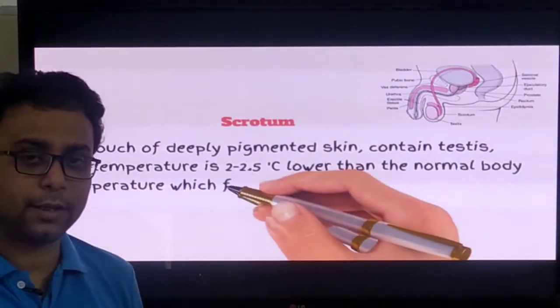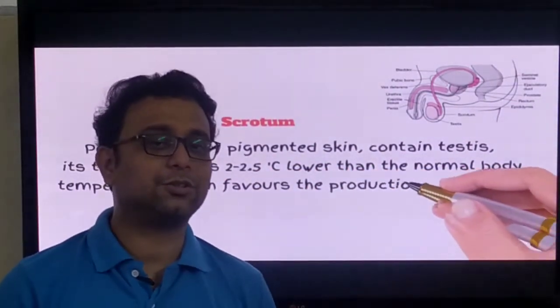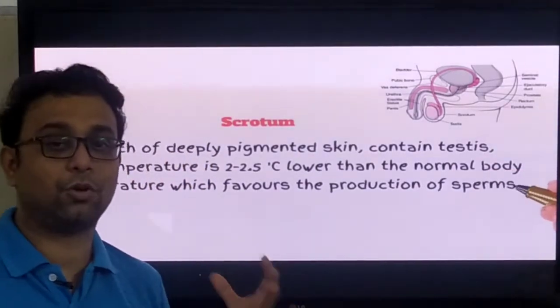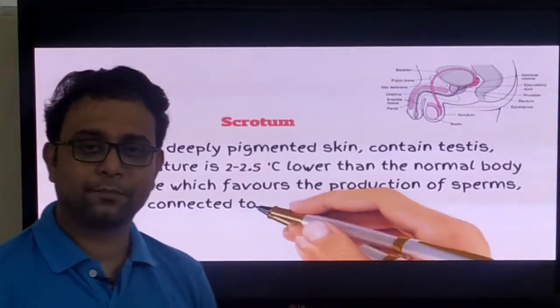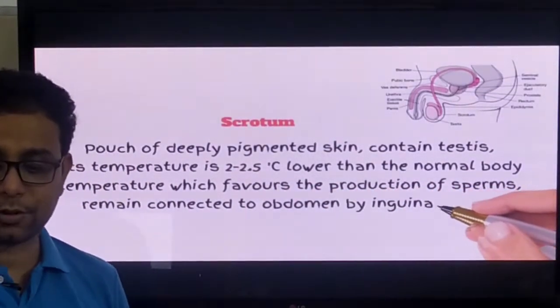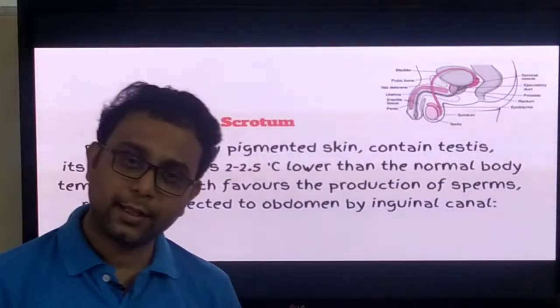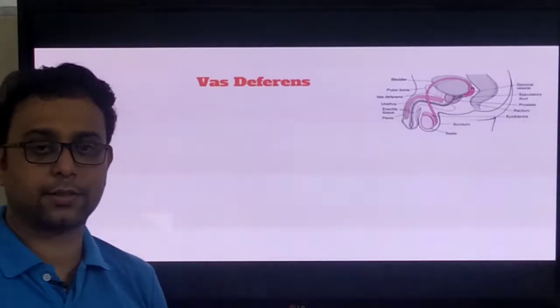That is very important for spermatogenesis. If spermatogenesis is not happening, the testes have no value, because it is their most important function, right? So we discussed the testis, epididymis and the scrotum. Clear? Now we discuss another part, the vas deferens.